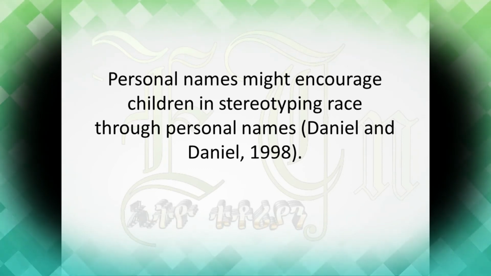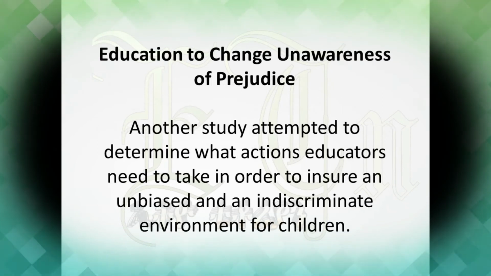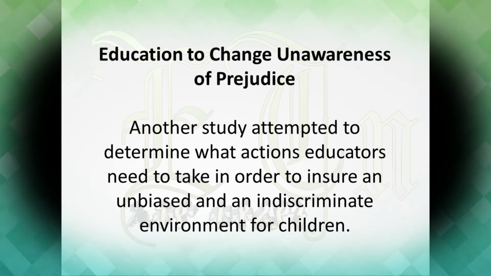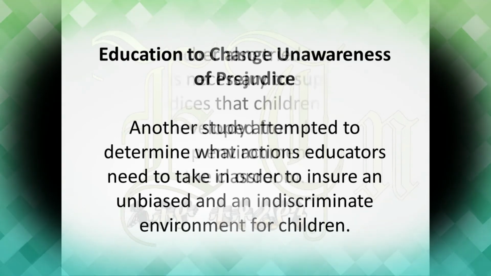Daniel and Daniel, 1998. Education to change unawareness of prejudice. Another study attempted to determine what actions educators need to take in order to ensure an unbiased and nondiscriminatory environment for children.